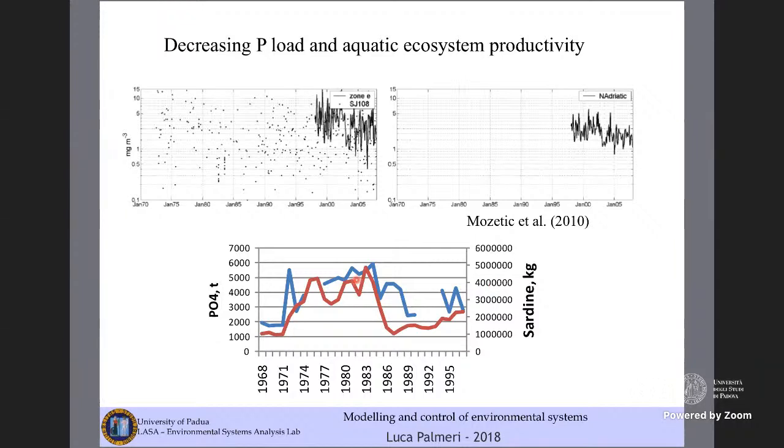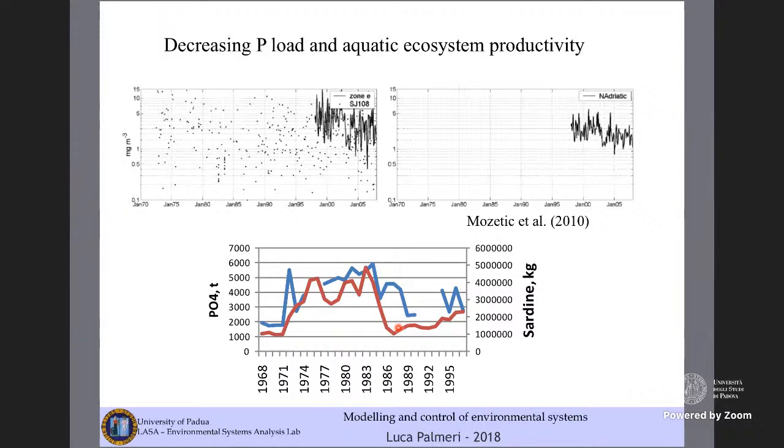This is orthophosphate in red. But then we had another effect due to phosphorus, that is evident in the mid-80s, the so-called phosphorus ban, P-ban. The phosphorus ban was a directive from the European Community that forced all member states to take phosphorus away from detergents.